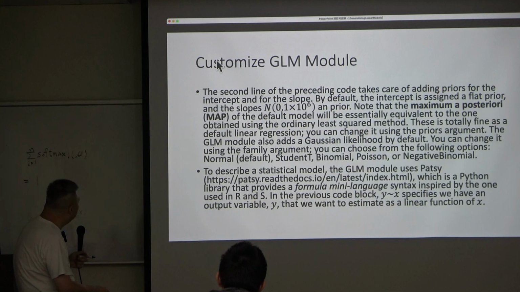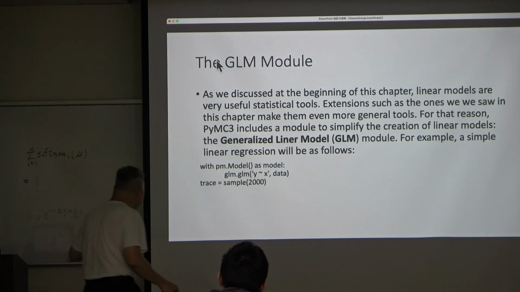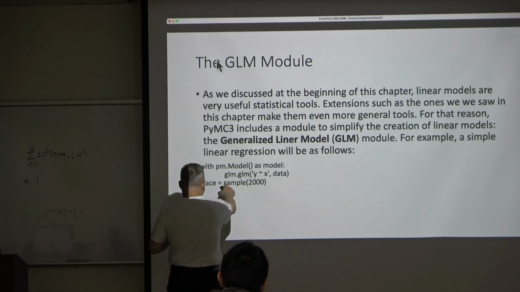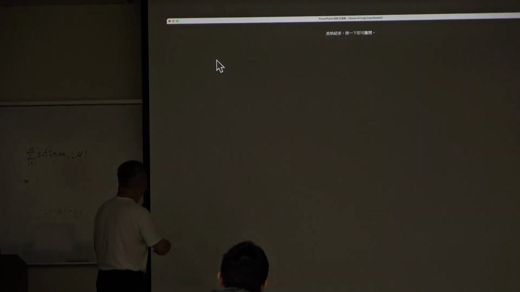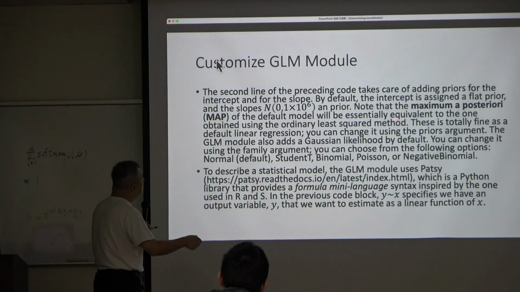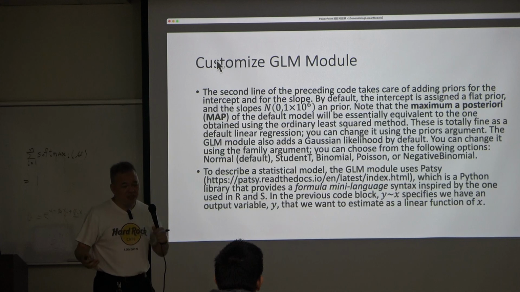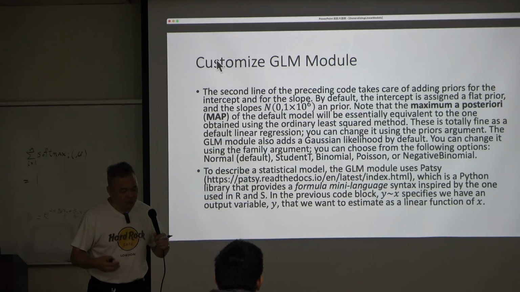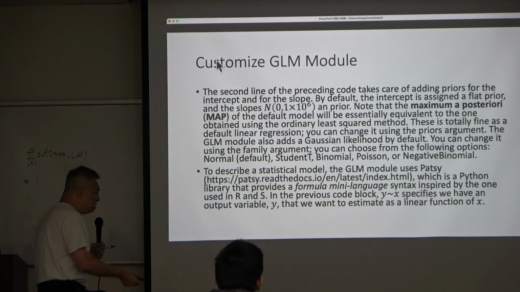The second line of the preceding code, this line, takes care of adding priors for the intercept and for the slope. So the priors will be dealt with automatically if you use the GLM module.